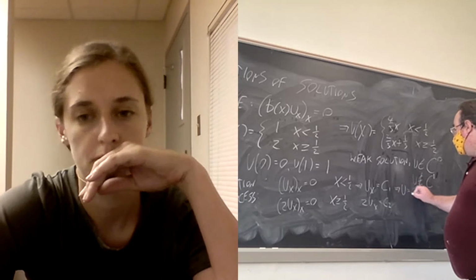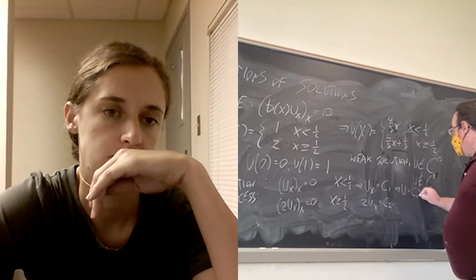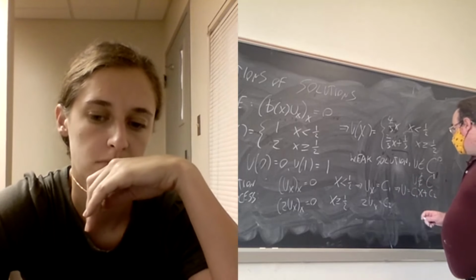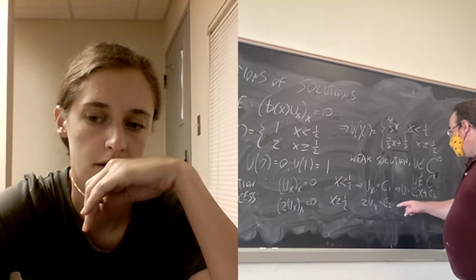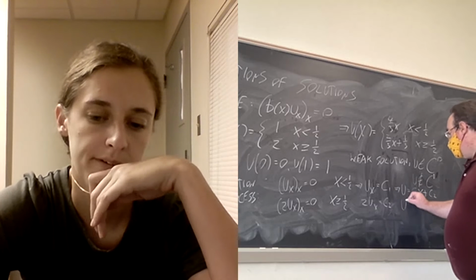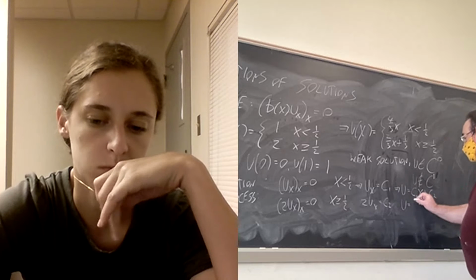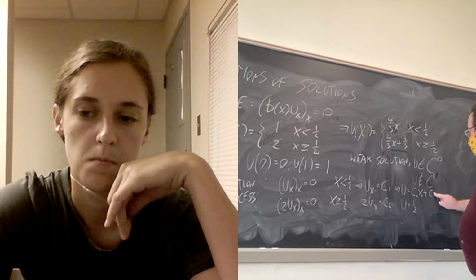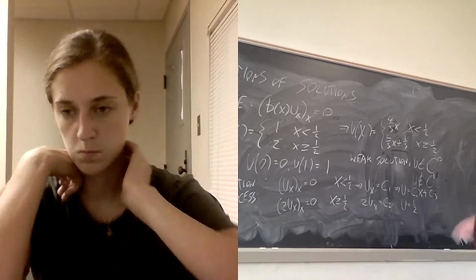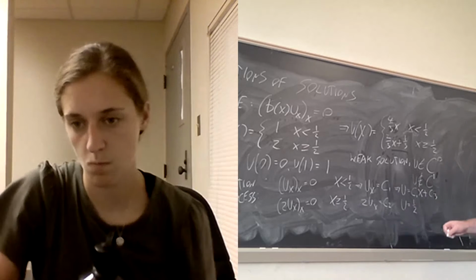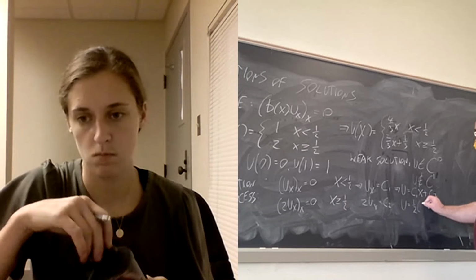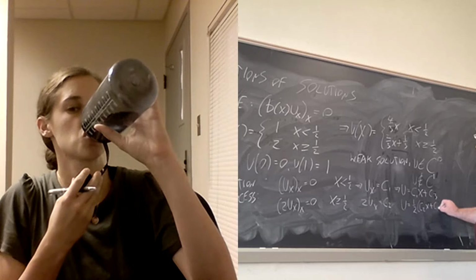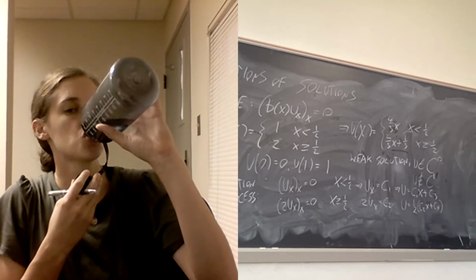So u is equal to C1x plus C2. And then over here, for this domain, I have that should be C3, distinct from C2. So then I have 1/2 C2x plus C4. Okay.